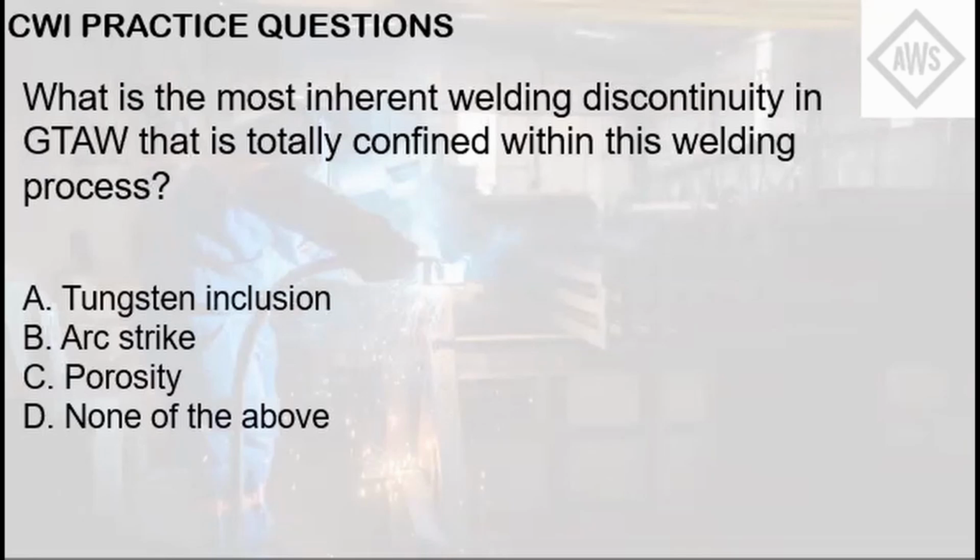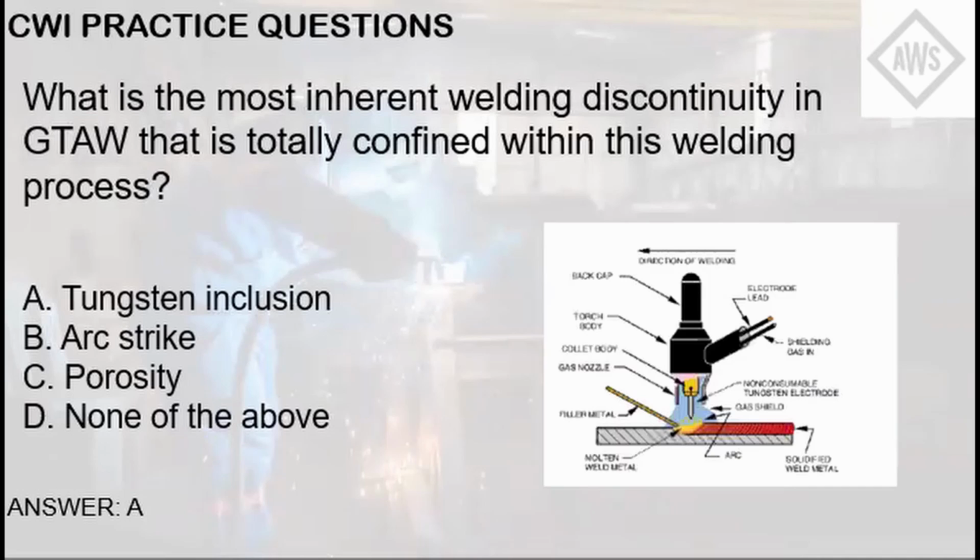Even if you're not that familiar with the discontinuities or defects that typically come with this process, you will know from the name itself, GTAW or gas tungsten arc welding, because the electrode consists of tungsten, that tungsten inclusion is exclusive to that process, because no other welding processes have tungsten in them.